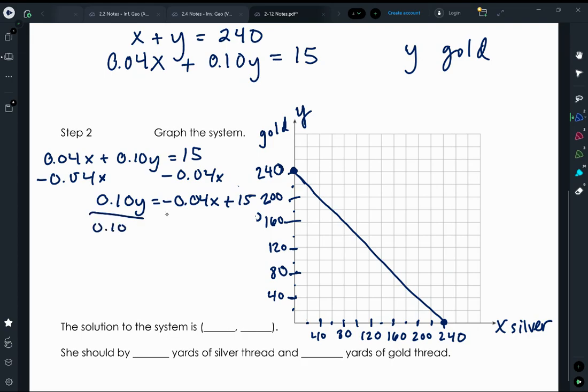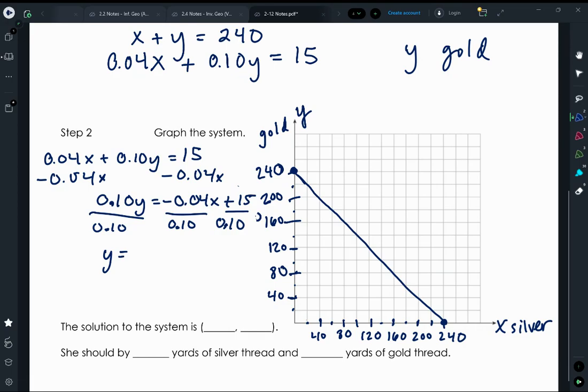Then I want to divide by 0.10. And it is okay if you have to grab a calculator for this part. We don't expect you to do awkward numbers like this in your head, but dividing by a tenth is not too bad. What it's really doing is making all of our decimals bigger, because we're dividing by a tenth of something, which means we're taking each whole and coming up with 10.